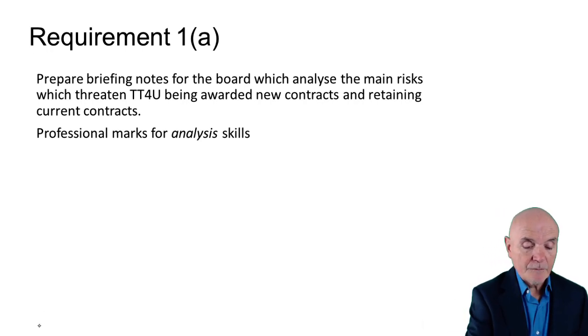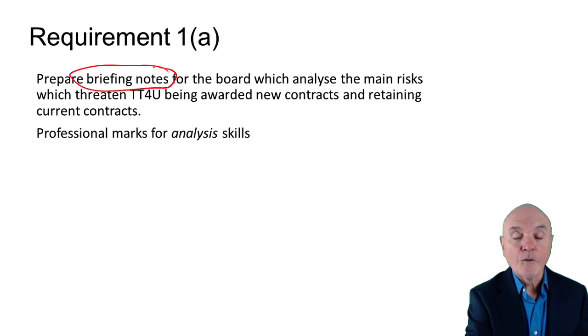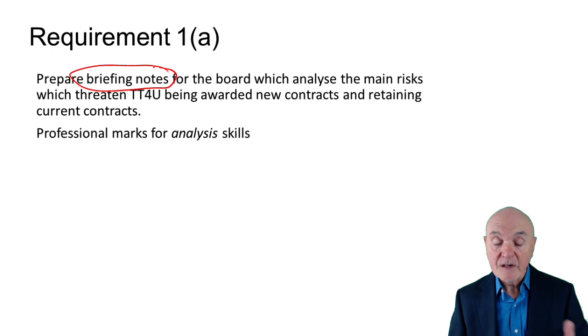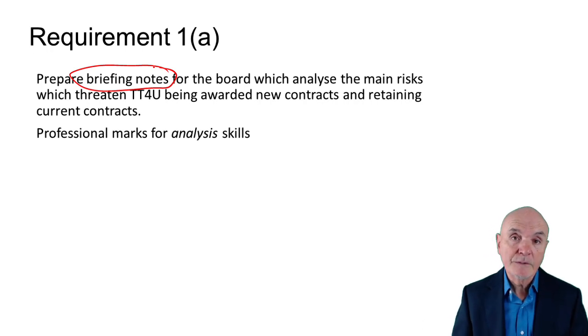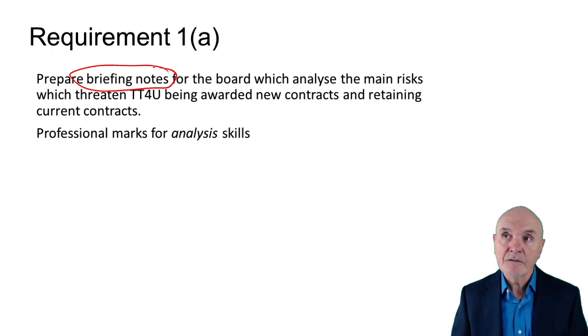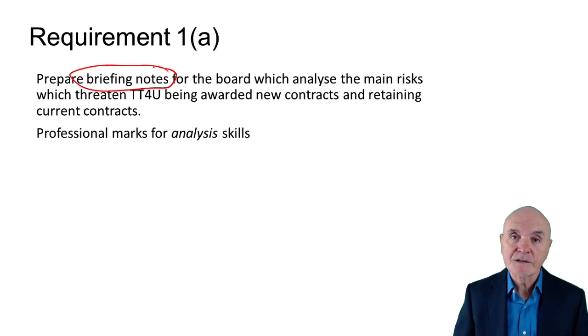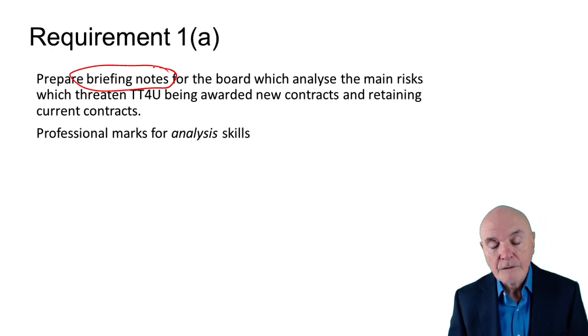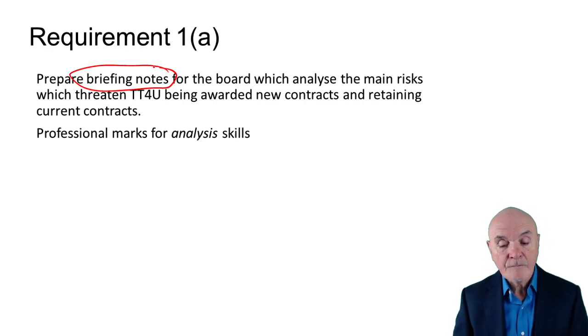Now, the sorts of things that we need to carefully think about in here, let me just get my pen working, is you have to think about the format, and it could be briefing notes as here, part of a report, it could be a letter, it could be 4 slides for presentation to the board or a client meeting.